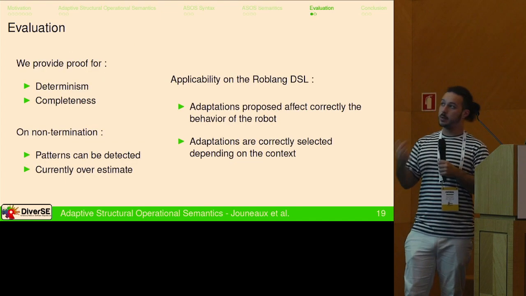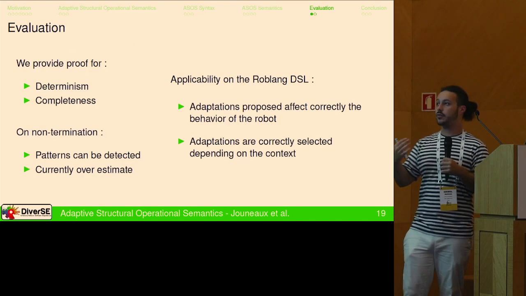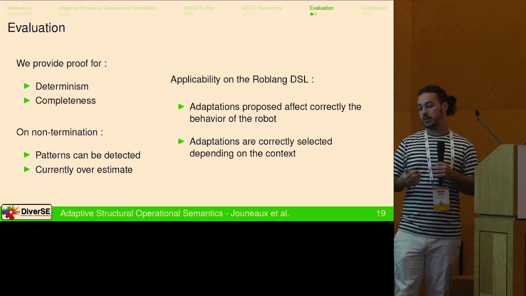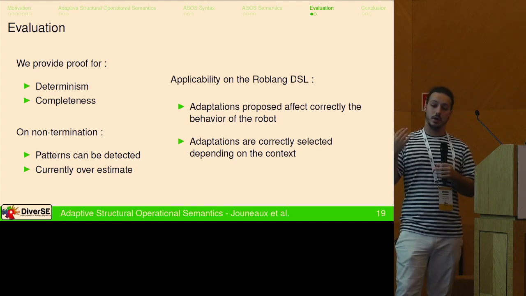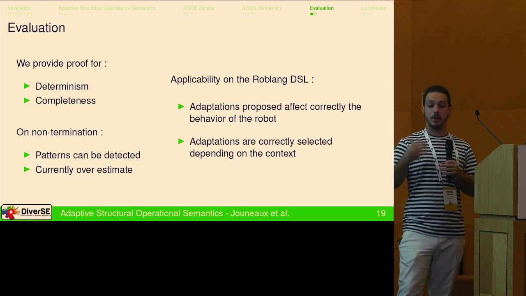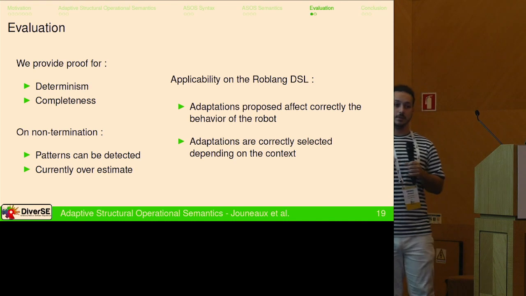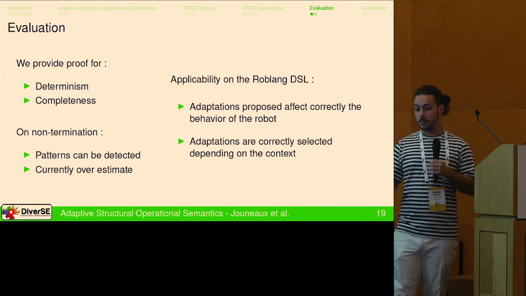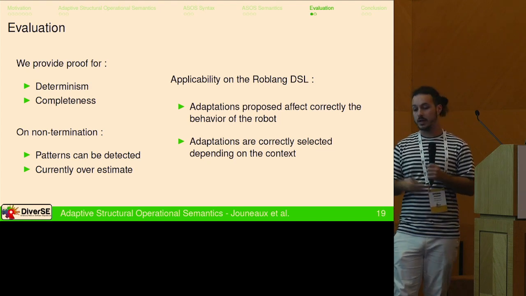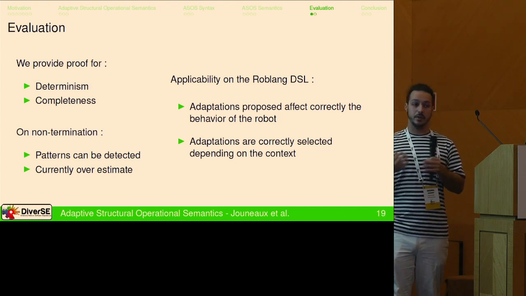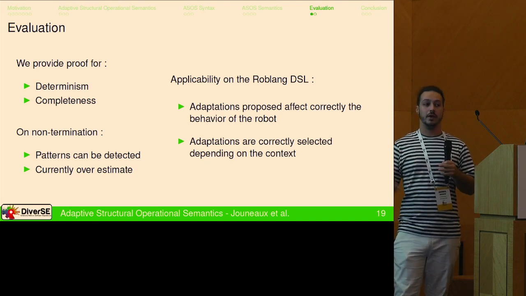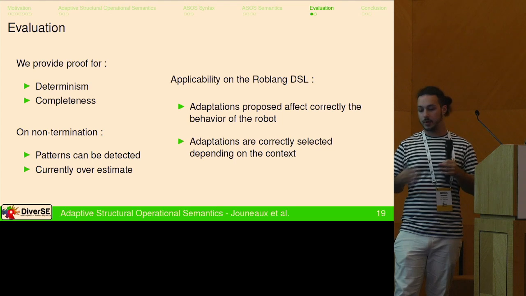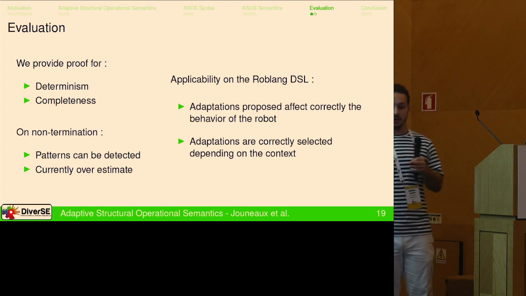To evaluate this work, we provide some proofs on top of the formal model that we provided in the paper. Basically, we check determinism and completeness of the semantics that we define using ASOS. About non-termination, what we can currently do is detect patterns that we know will cause, for example, race conditions and cycles between adaptations.